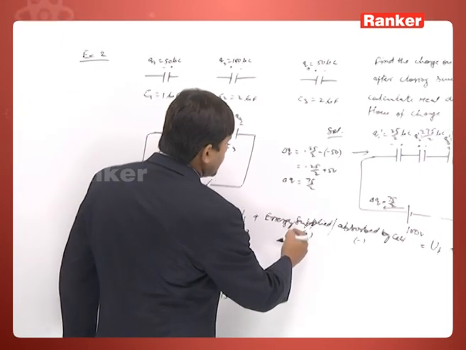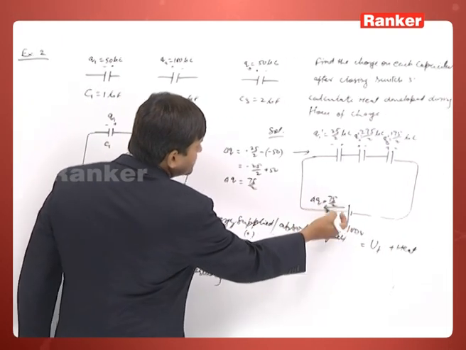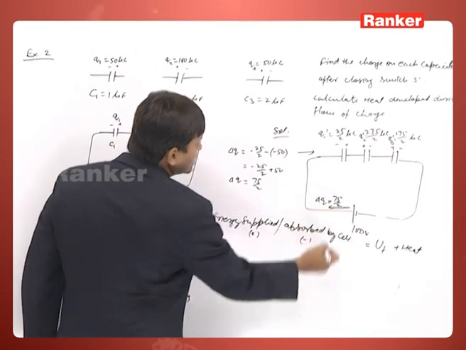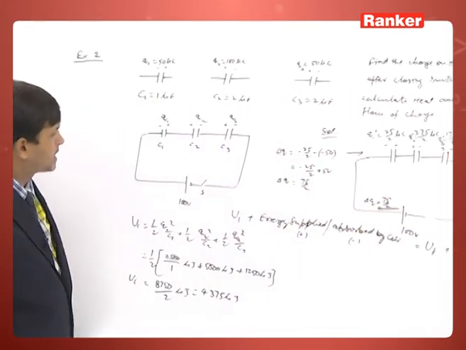Now energy supplied, as we have found, positive charge has flown through the higher potential terminal of the cell.